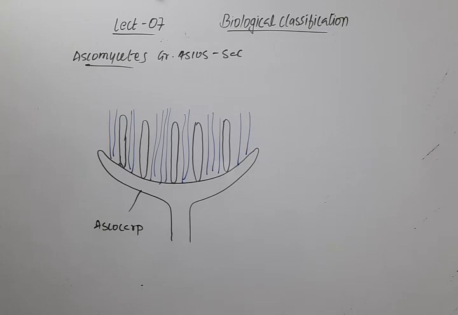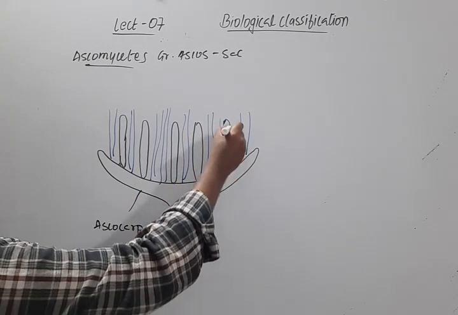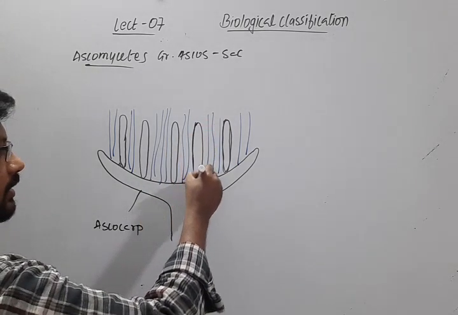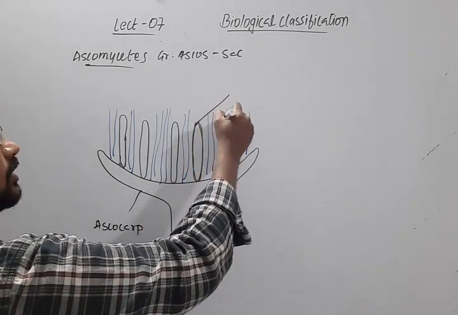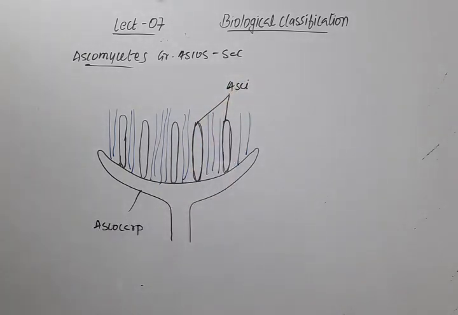This is the structure called an ascus, and this is another ascus; the plural is asci.